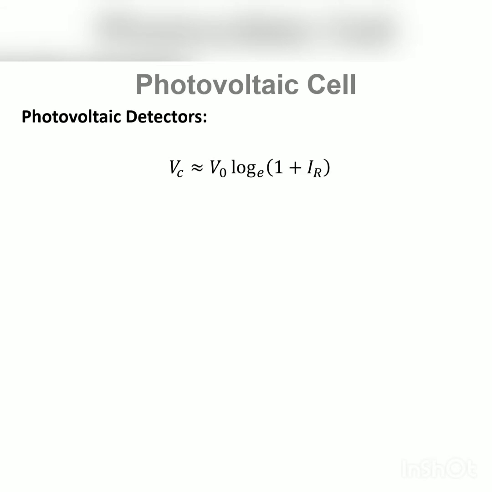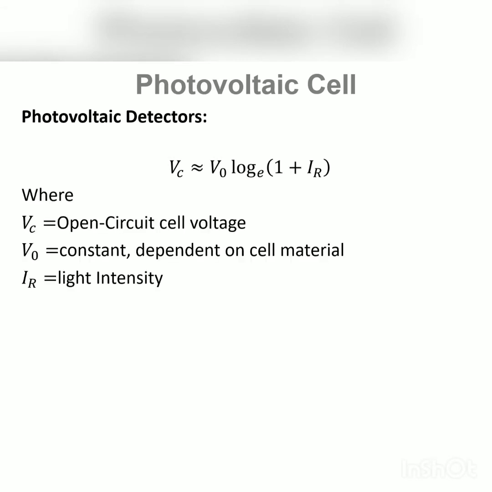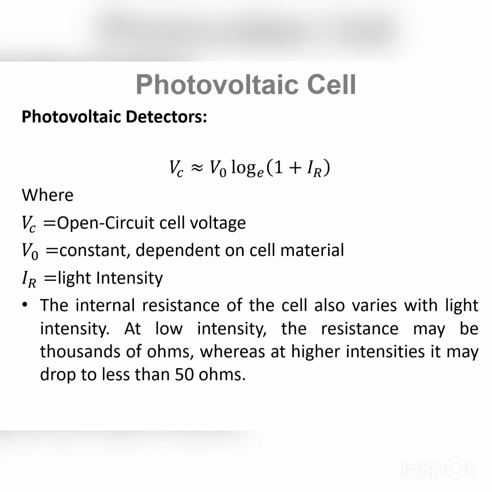The voltage Vc, which is also called the open circuit voltage, is nearly equal to Vo into log to the base e of 1 plus IR, where Vc is the open circuit cell voltage, Vo is a constant which depends upon the cell material, and IR is the incident light intensity.